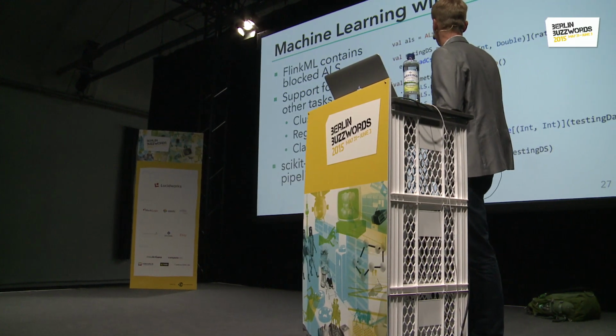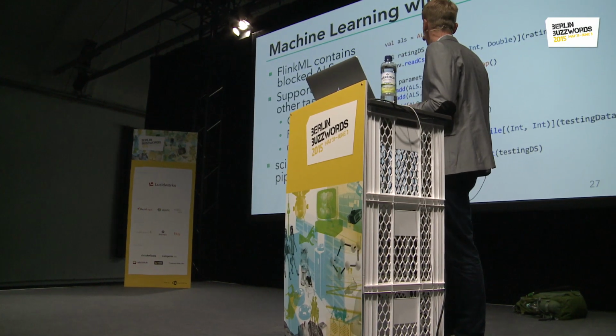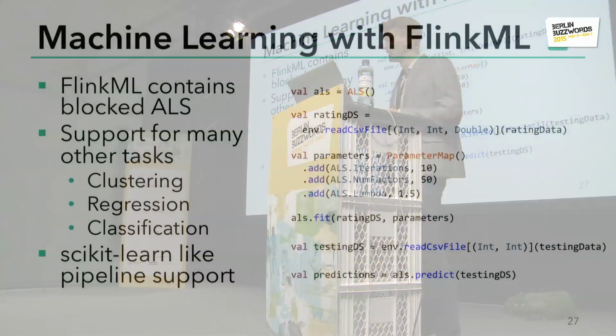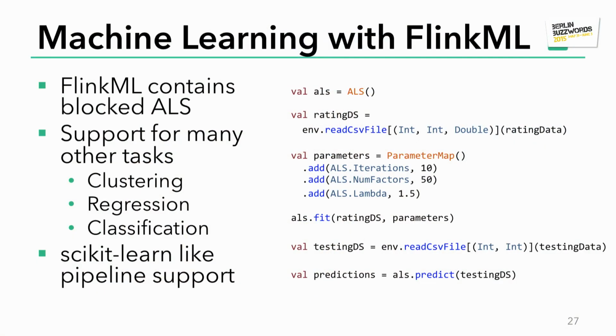First of all, you would have to instantiate the ALS factorizer object, and read in the rating matrix, which is represented as a data set of tuples: row index, column index, rating value. Then you specify some parameters for ALS, namely the number of iterations, how many latent factors you want to have, and the lambda value, which is important for the regularization.